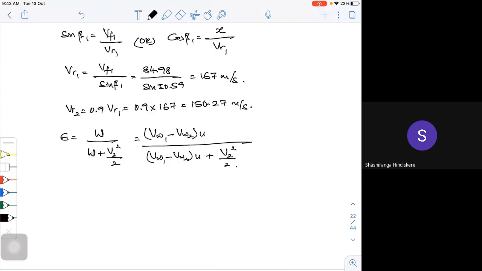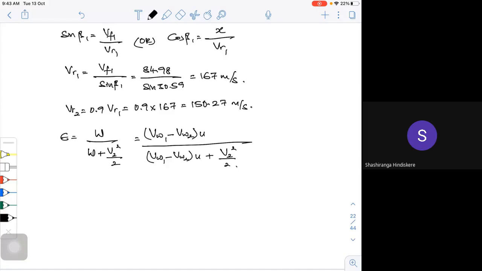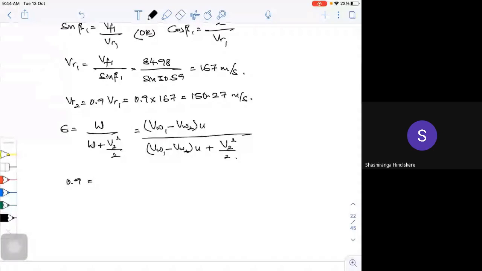So VW1 I know. I don't know the value of VW2. I can find VW2 based on the value of 0.9, based on my epsilon. Now let us look at this VW2. Whether it is positive or negative, this is the formula. Now what I'm going to do is put the value of my VW2 in this particular formula. I am trying to utilize 90% of it.